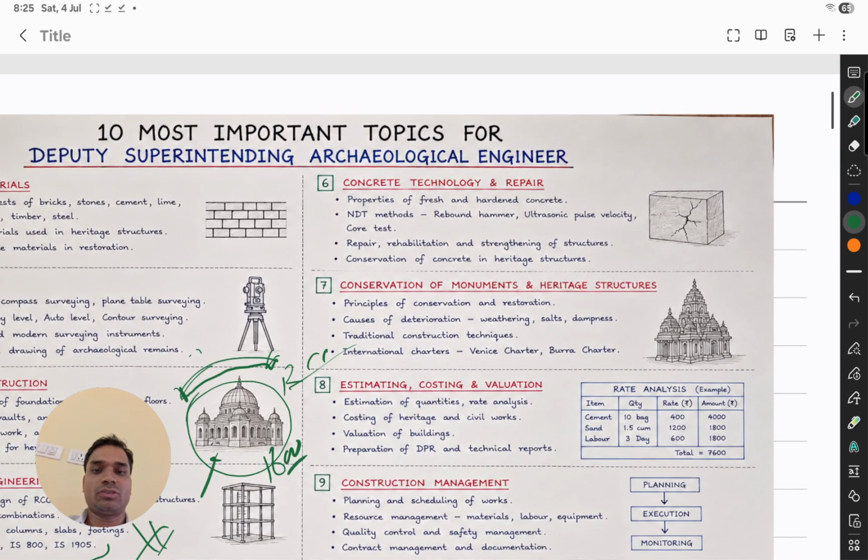Then concrete technology, most importantly NDT, non-destructive tests: rebound hammer test, ultrasonic pulse velocity test, core test. This area is really important, because whether in the interview or in the exam, you will definitely face this topic.